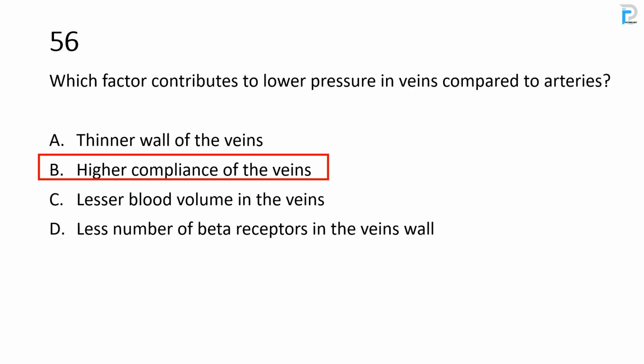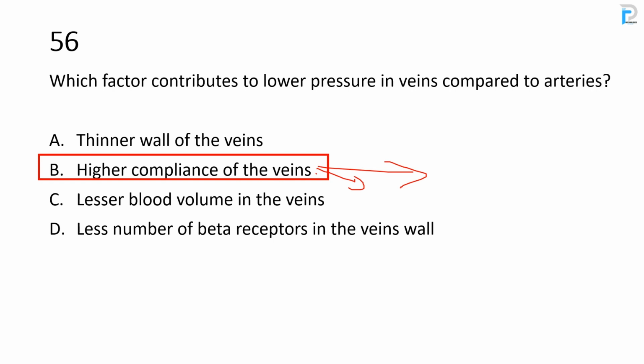That's why they have lower pressure. The thinner wall also contributes to the higher compliance of the veins, but the main factor contributing to the difference in pressure between artery and vein is actually the high compliance of veins.